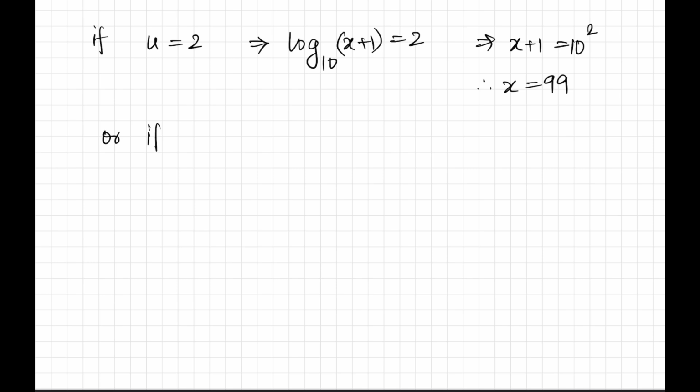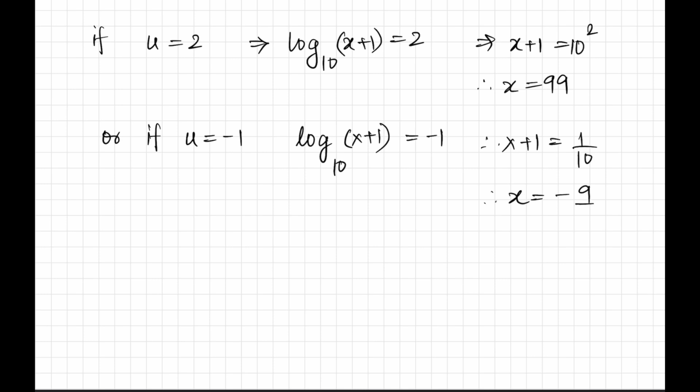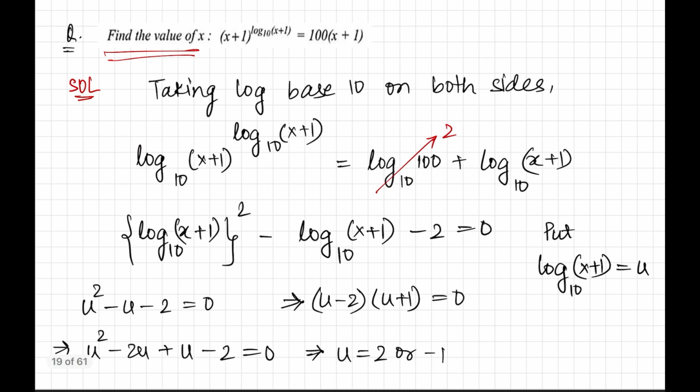Or if u is equals to minus 1, log x plus 1 base 10 is equals to minus 1. Therefore x plus 1 is equals to 1 over 10, and hence x is equals to minus 9 by 10, and that is the answer to this question. So I hope you understood कि हम इस तरह के questions को कैसे proceed करते हैं.